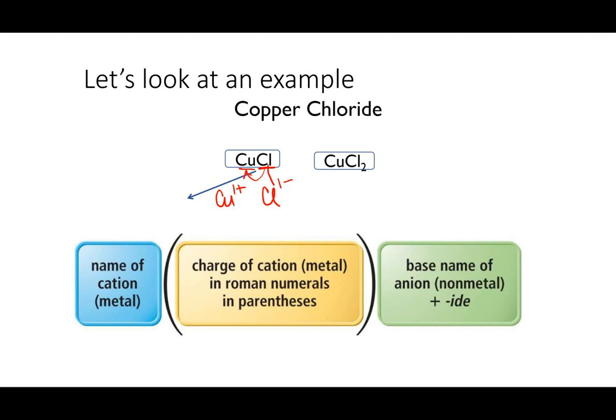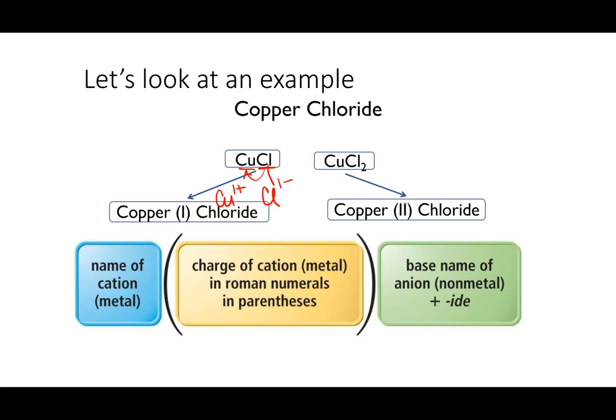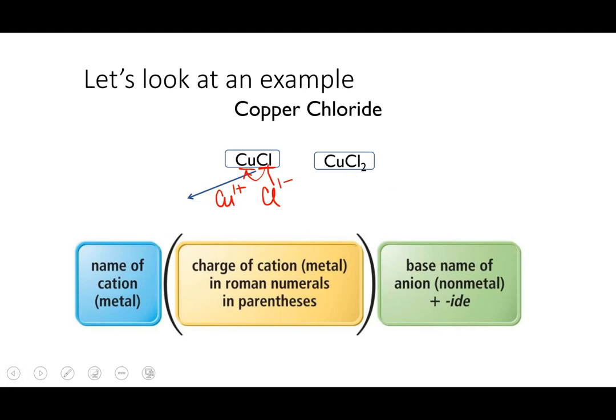One chlorine has a -1 charge, electrically neutral. So how would I write the name of this compound? I would write the name of the metal. So I would write copper. I would write the base name of the nonmetal plus IDE, so chloride.